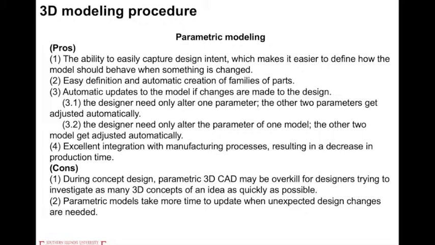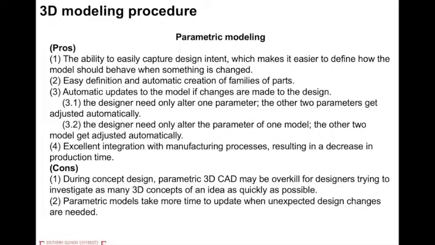So the cons or disadvantages: during concept design, parametric modeling may be overkill for designers who want to investigate as many 3D concepts of an idea as quickly as possible, then share with other designers.